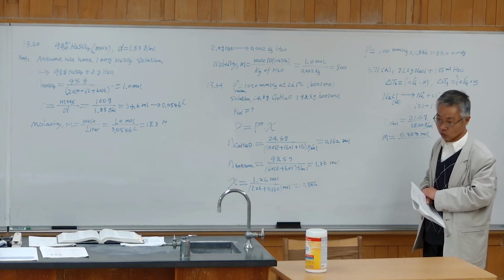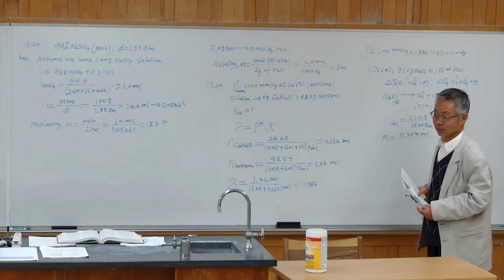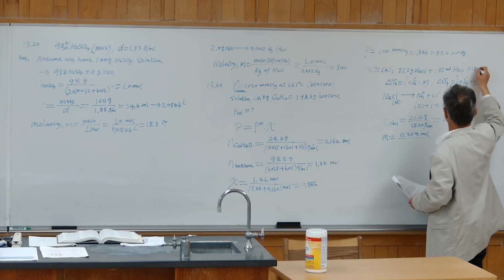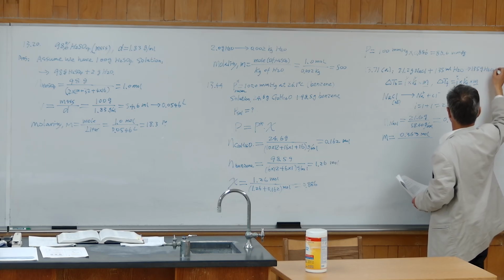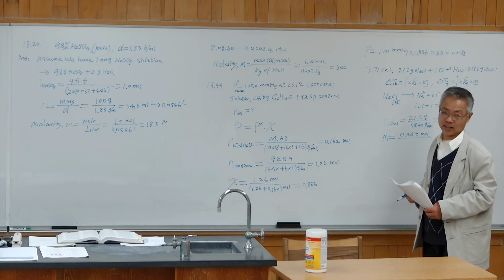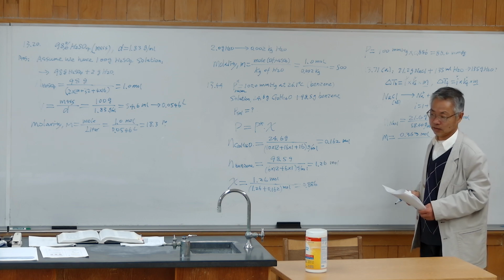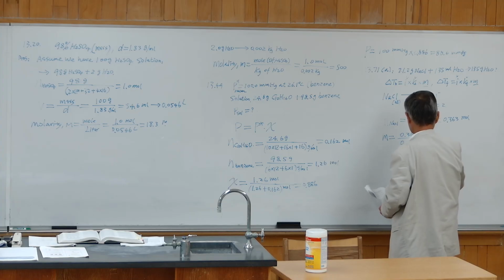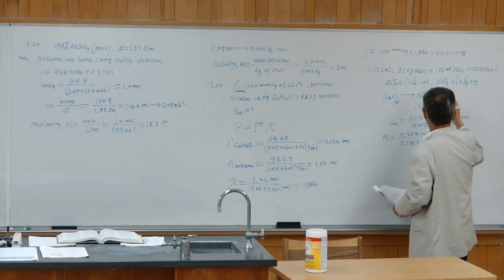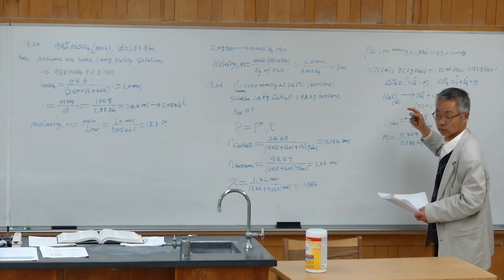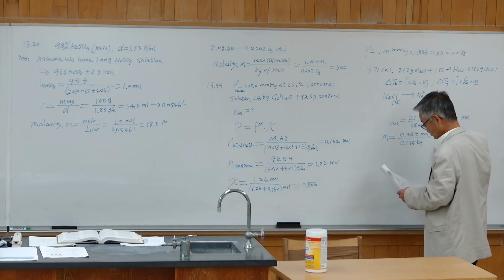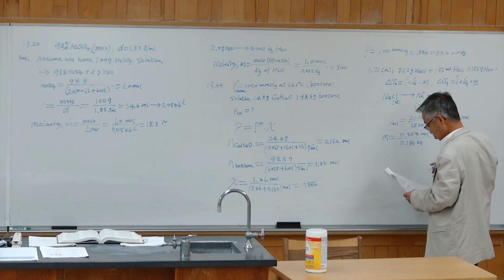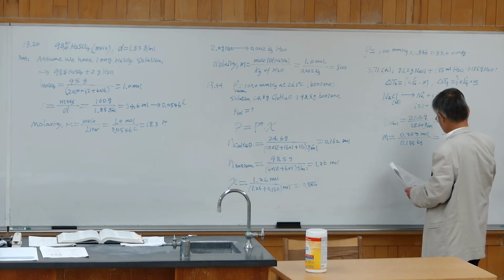Water's density is 1 gram per milliliter, so 135 milliliter is 135 gram. Converted to kilogram, 135 gram is 0.135 kilogram, divided by 1,000, moving three decimal places. So here we get molality will be 2.7.